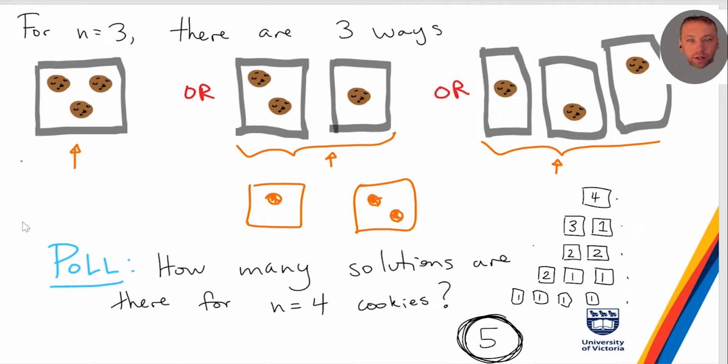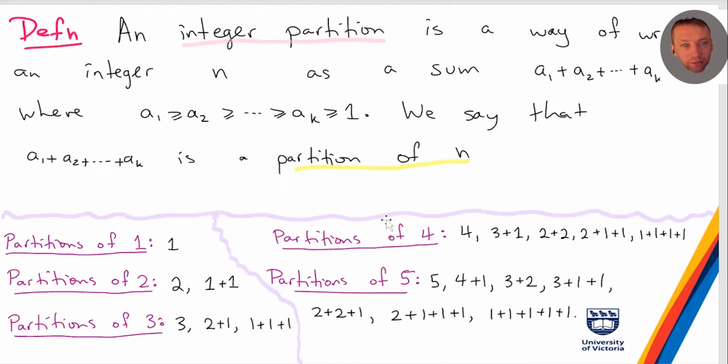Okay. So this brings us to the next topic, which is integer partitions. An integer partition is a way of writing an integer n as a sum of numbers, a1 up to ak, where a1 is at least as big as a2, which is at least as big as a3, at least as big as a4, etc., down to ak, which is at least 1.